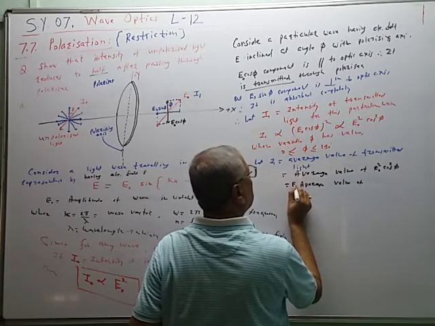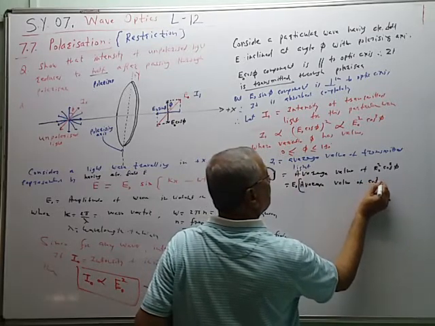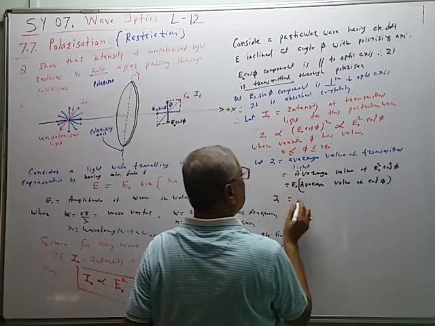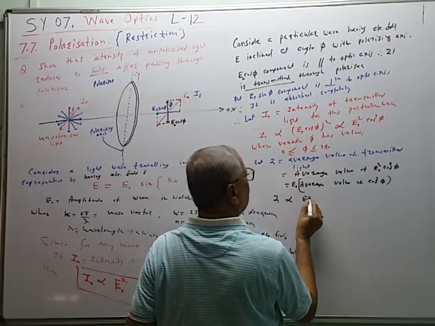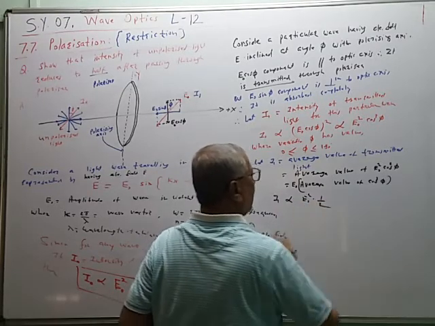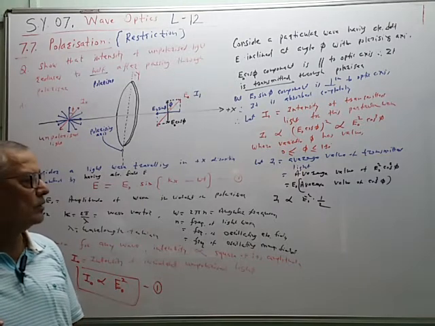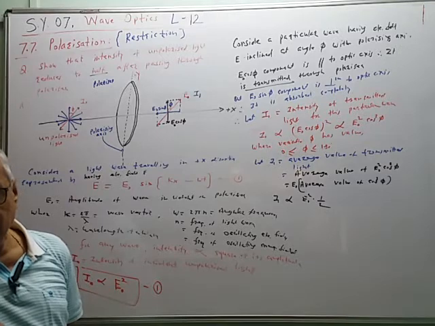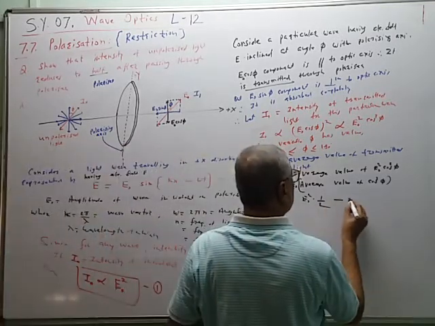E0 multiplied by the average value of cos square phi, and therefore I1 is directly proportional to E0 square into 1/2. तर cos square phi आणि sin square phi या दोघांची ॲव्हरेज व्हॅल्यू जर आपण 0 to 180 डिग्रीसाठी कन्सिडर केली तर ती 1/2 येते. So this is equation second.